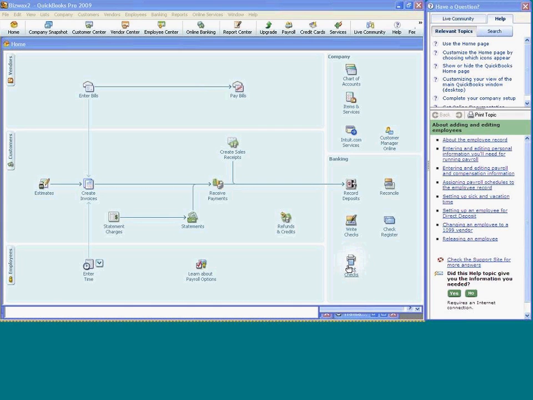The other type of employee is called a consultant. And a consultant has an official name in the business world. The consultant is paid on what's called a 1099. No taxes are taken out by the consultant from the pay. The consultant gets a net fee.